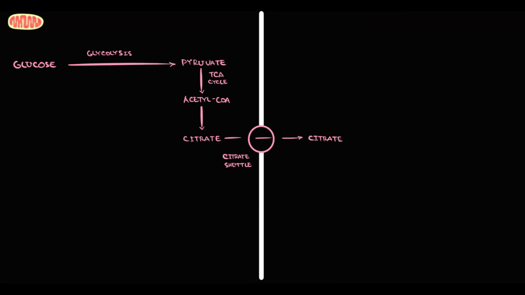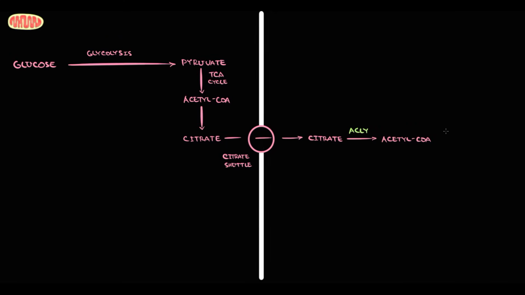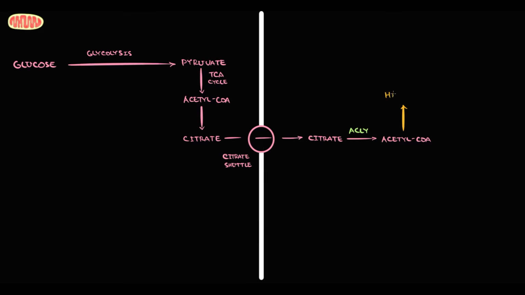In the cytosol, citrate is converted by ATP-citrate lyase to acetyl-CoA, and acetyl-CoA has two pathways. First of all, we can convert acetyl-CoA to HMG-CoA, and HMG-CoA is converted by HMG-CoA reductase to mevalonic acid, and from mevalonic acid we make cholesterol.